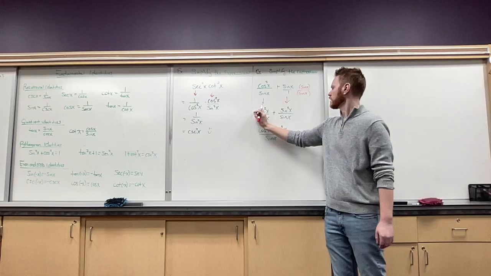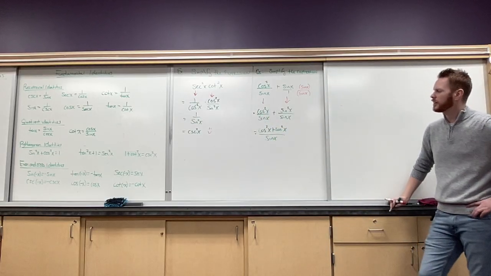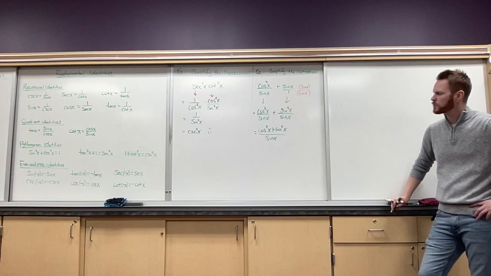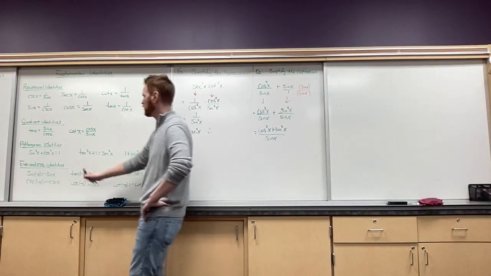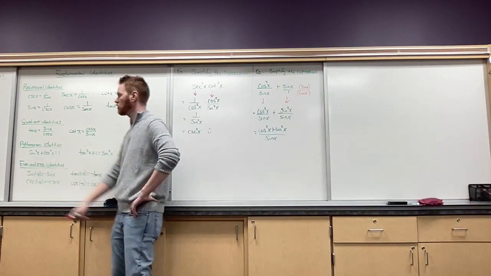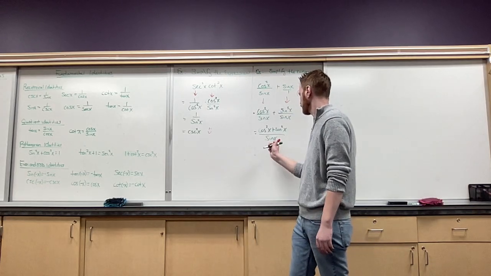I keep forgetting to put equal signs there, just to show that we are simplifying here. Cosine squared of x plus sine squared of x. That one you're going to see quite frequently. Yeah, it equals 1. It's one of our Pythagorean identities here. So we're going to swap that out for 1.